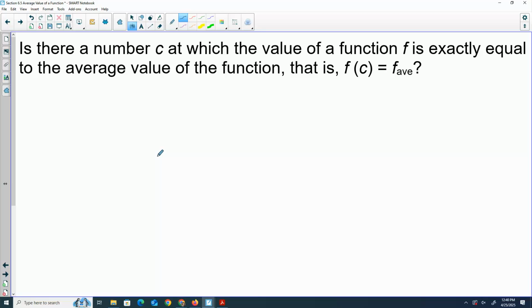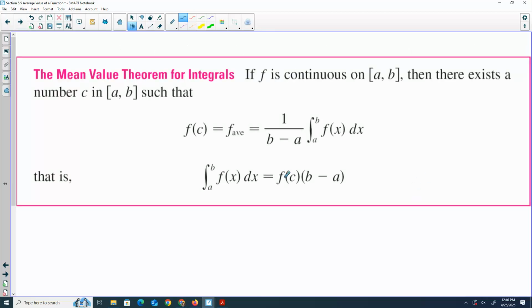Remember, if you're driving to Hannibal and your average speed is 45 miles per hour, is it possible to drive on the highway and have an average speed of 45 miles per hour without ever going 45 miles per hour? No. So we know that somewhere, and it could be multiple places, it has to be equal. That's from the mean value theorem. So there has to be a place where my function is equal to the average value.